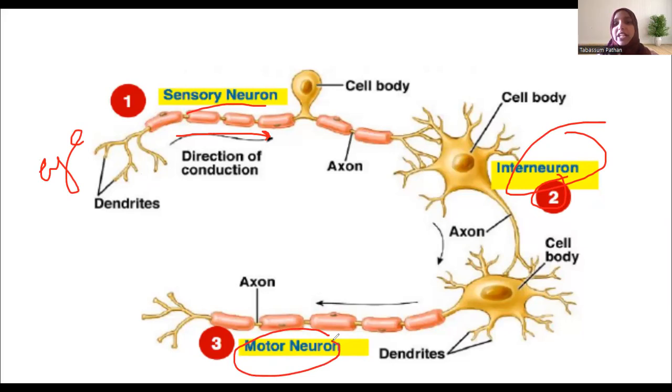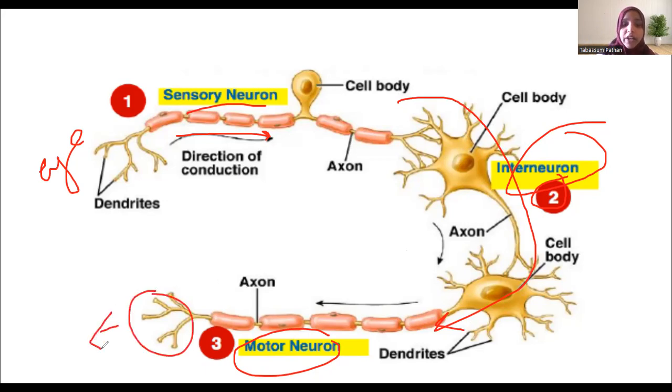The information that is coming in will be sensed by the sensory neuron. Then the interneuron will serve as a medium, a middleman. It will transfer the information coming from neuron 1 and give it to neuron 2. The one which is the effector, the effect of this information that will be seen on the target organ, will be known as the motor neuron. It can be either a target organ, or the information can go to the brain or the spinal cord.